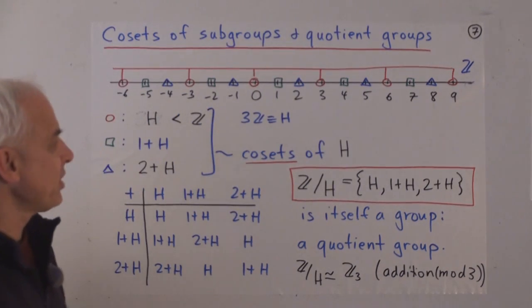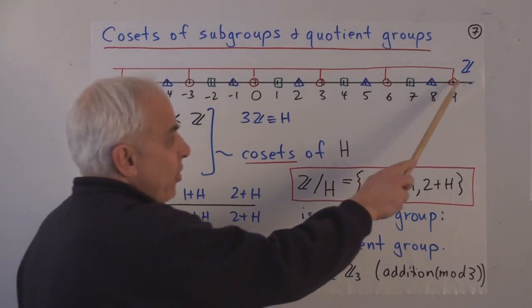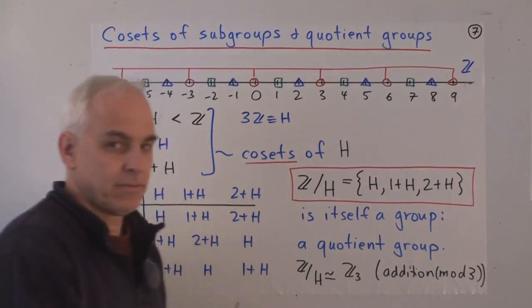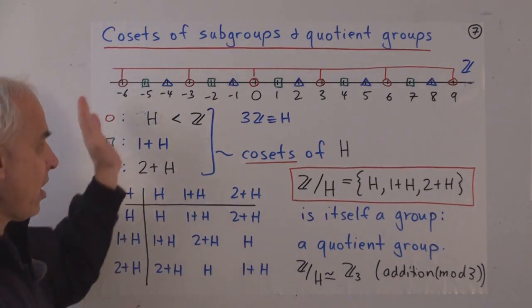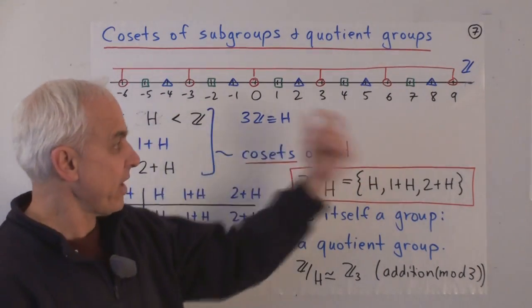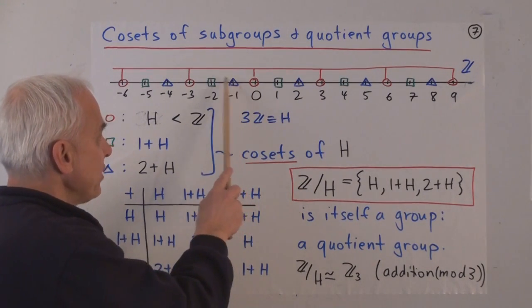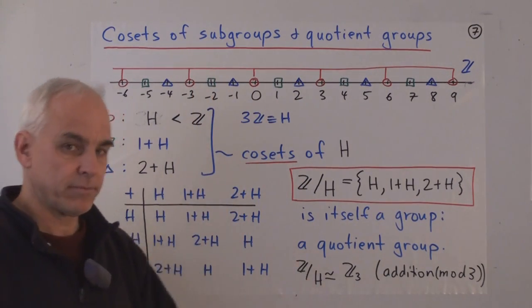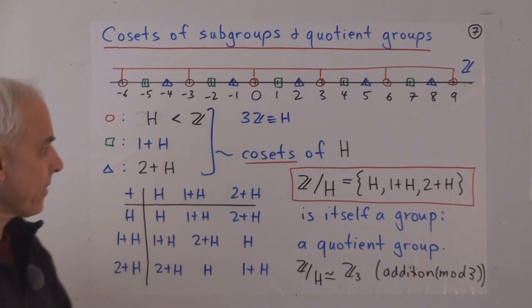All right, so we're going to stick with an example here, the example of the integers Z. And let's visually picture these integers along a number line, going off in that direction and in that direction. 0, 1, 2, 3, 4, minus 1, minus 2, minus 3, and so on. So just the additive group of integers.